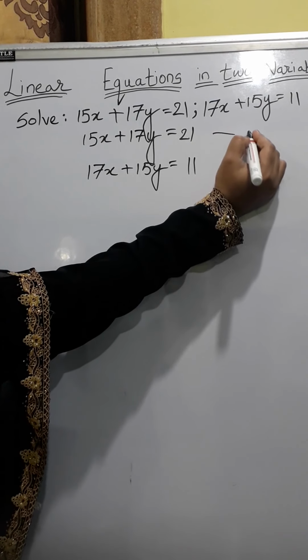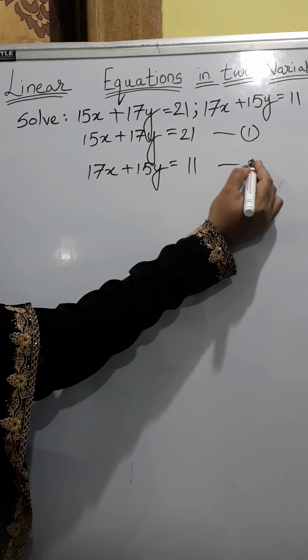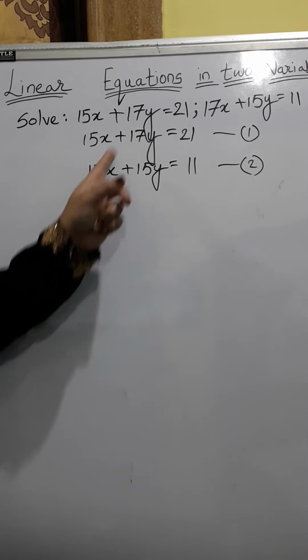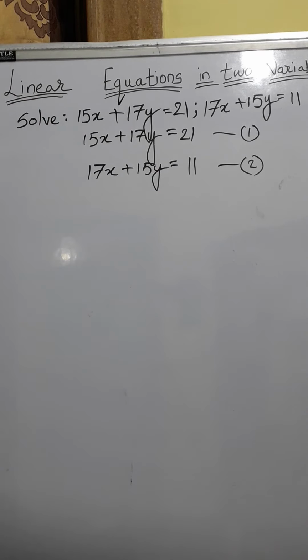Consider this equation as equation number 1, this equation as equation number 2. Now see, as I told you, in the given equations the coefficients of x and y are interchanged. Such types of equations have to be added first, and we will get one equation.